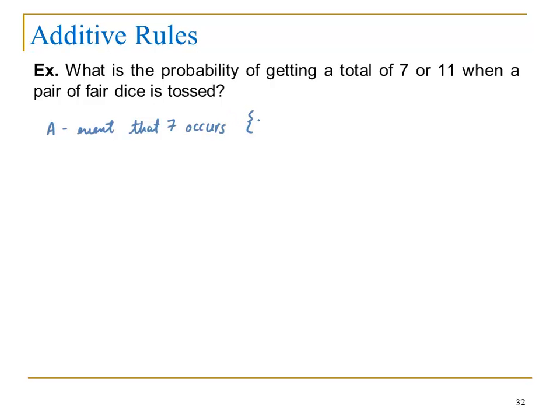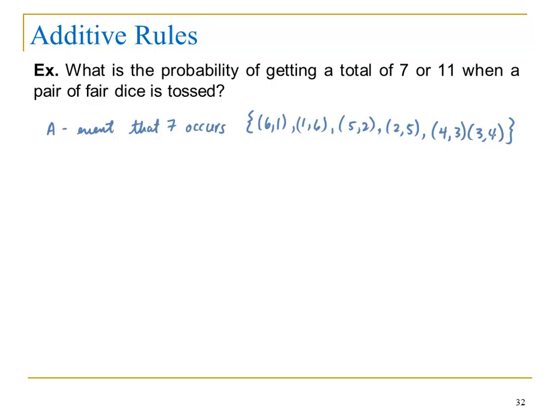If you list the outcomes in which that event will happen, you have 6 and 1, 1 and 6, 5 and 2, 2 and 5, and then 4 and 3 and 3 and 4. Those are the only outcomes that can happen.